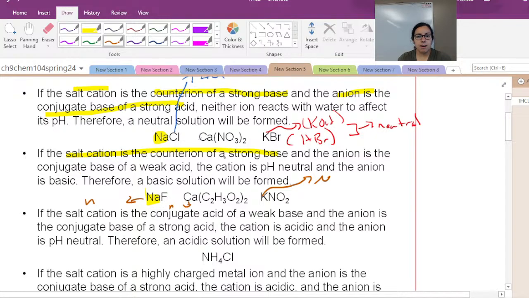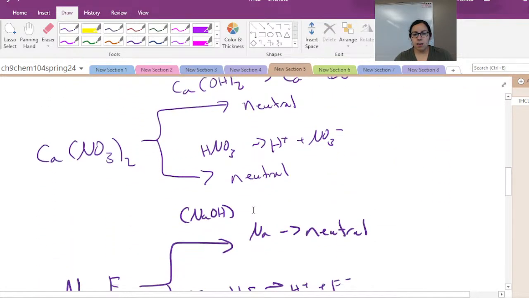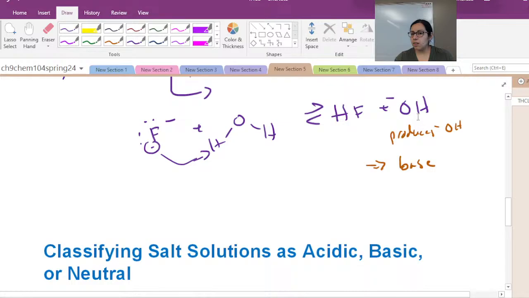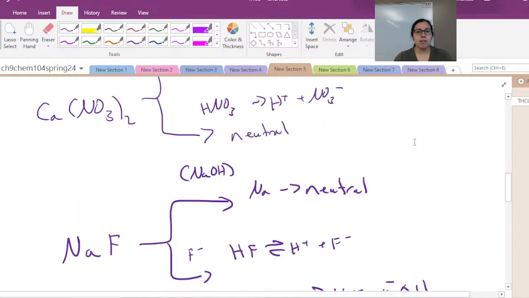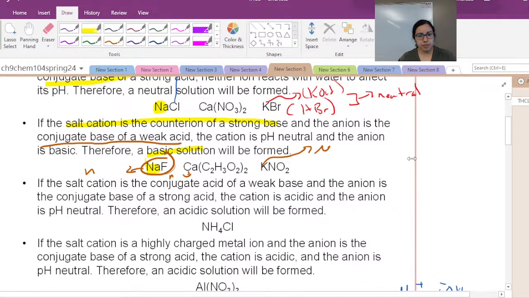But then it says our anion is the conjugate base of a weak acid. We just did the analysis for sodium fluoride, and it mentions that a basic solution will be formed. Now we've proven why it's a basic solution: it's reforming our acid, but it leaves behind hydroxide, so that's our base.